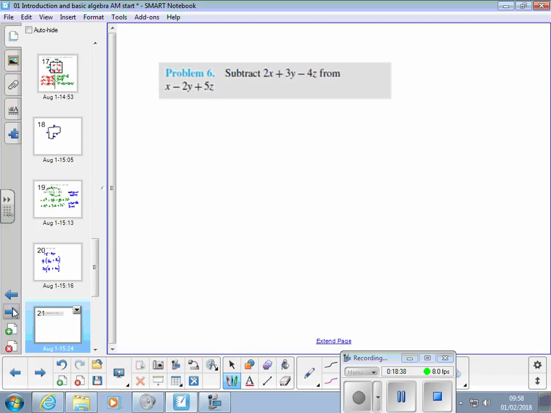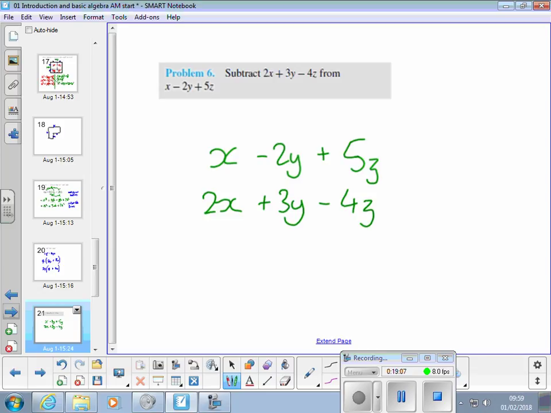What we're saying, and probably the easiest way to look at this, is to write it out like this. x minus 2y plus 5z, and then write the other expression in the same order underneath. 2x plus 3y minus 4z, and then we're going to subtract. And we do it column wise.